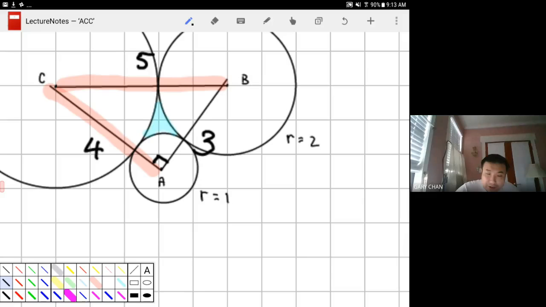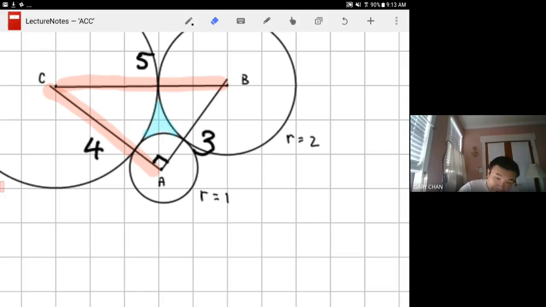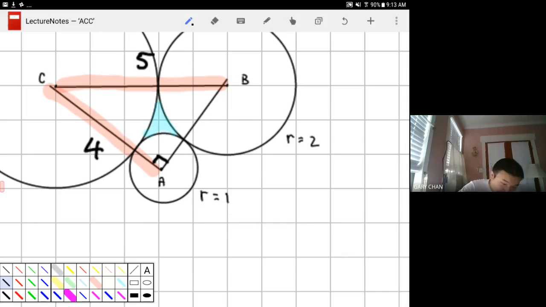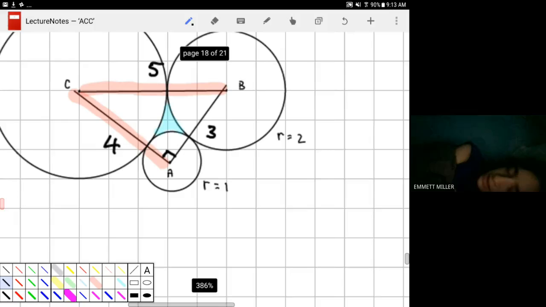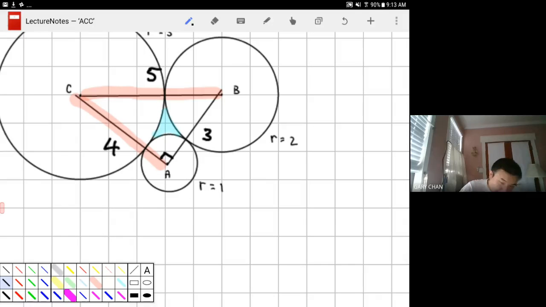So our goal is to figure out the area of that shaded region there. Any suggestions on what we can do now that we've established this is a 3, 4, 5 triangle? Well, we could find the area of the triangle and then subtract the area of the sectors. I love that.